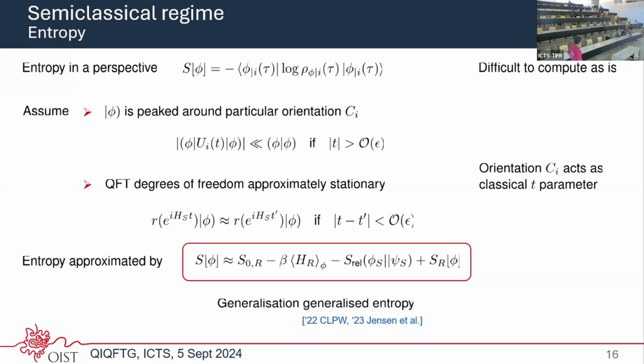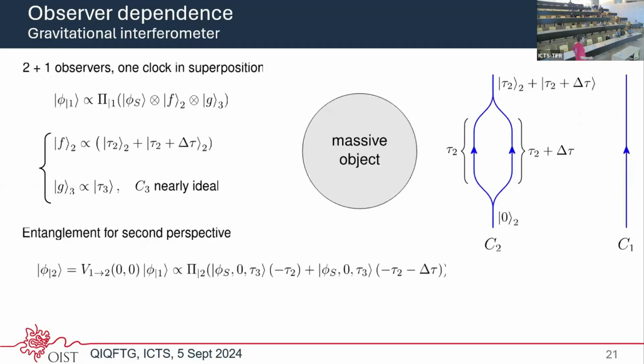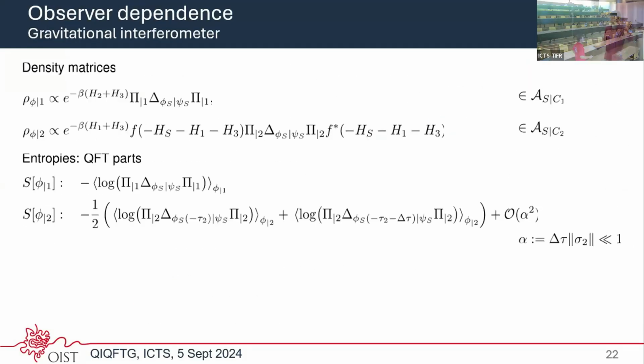Observer dependence. What does this mean if I use different clock cells, delta? That's something we are still working on in a follow-up paper, what exactly this means for the area term. Because of these projectors in the end, we have this coarse graining of the modular Hamiltonian. So normally if the clock was ideal, you would not have these pi's, and this log would exactly be the definition of your relative entropy, right?